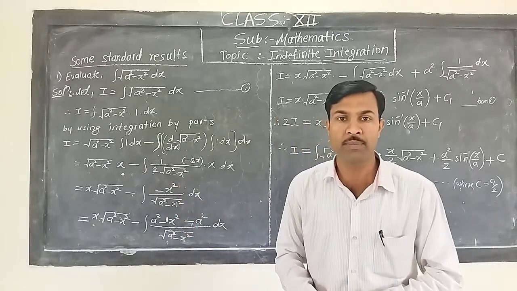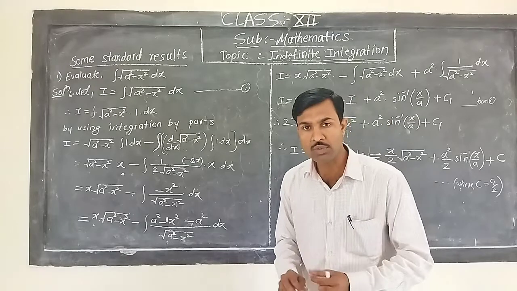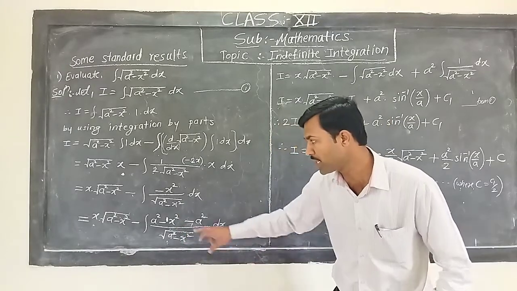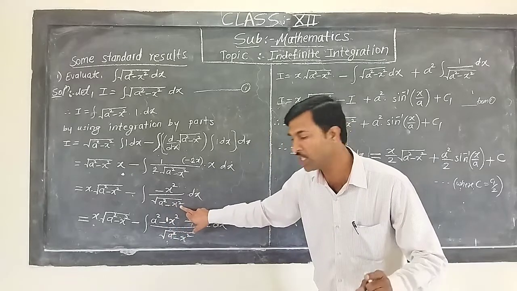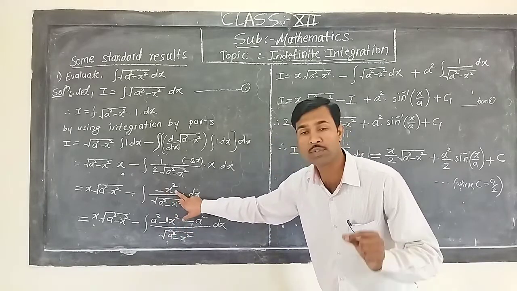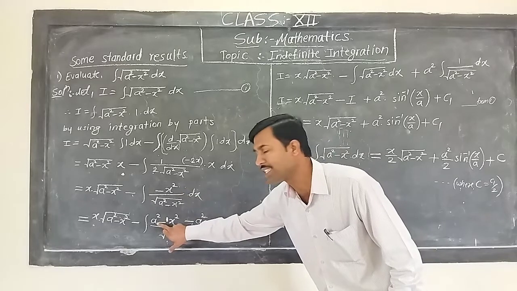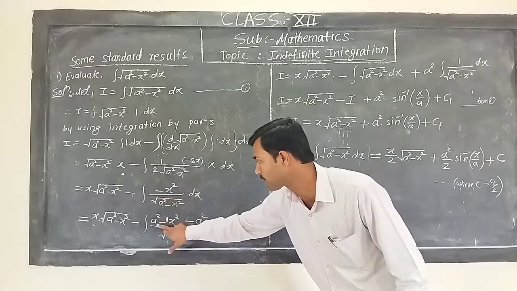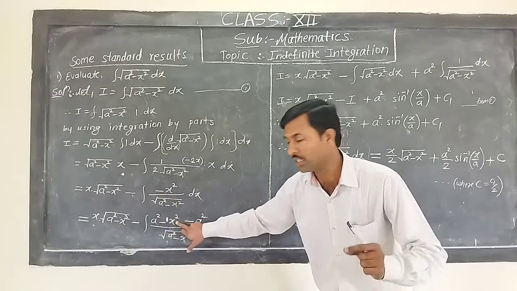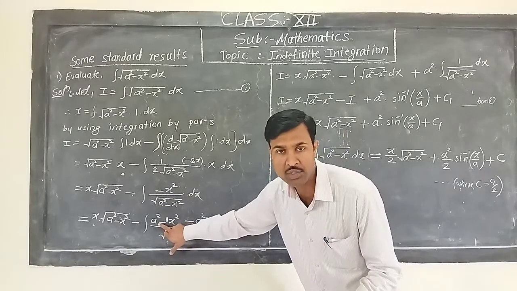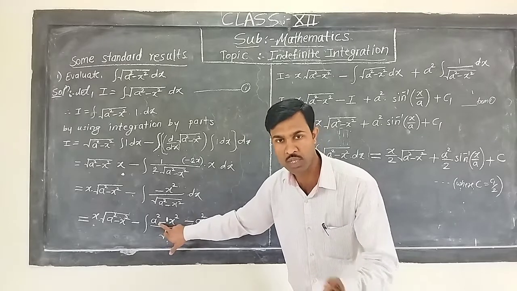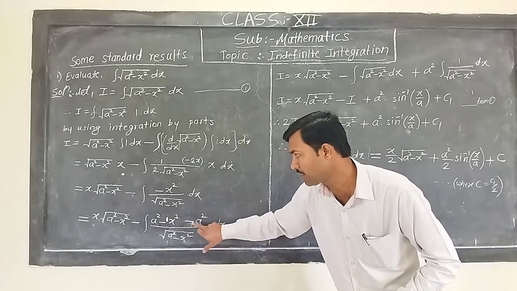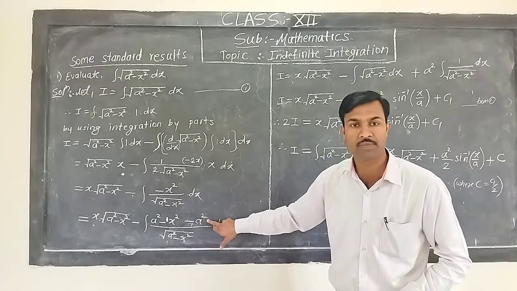In such problems, always try to adjust the denominator in the numerator. So I have to write plus a square in the numerator; now this term becomes a square minus x square, but this a square is an addition, so we have to make equilibrium. So I also subtract this a square from this term: minus a square.